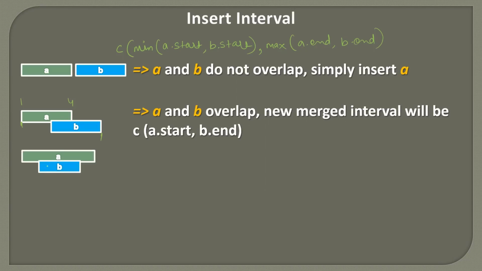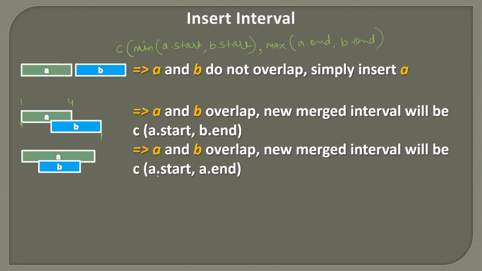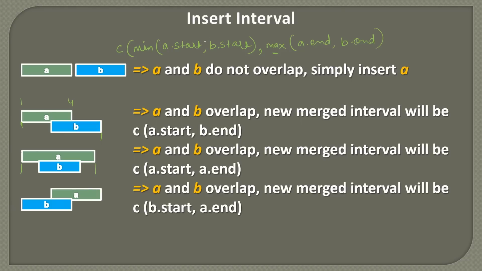Similarly, here A completely overlaps B. If we apply this formula, C will become A dot start because A dot start is coming before B dot start, and C dot end will become A dot end because it is coming after B dot end. We have to take the max value. And if this is the scenario, then by applying this formula, C start will become B start and C's end will become A's end.